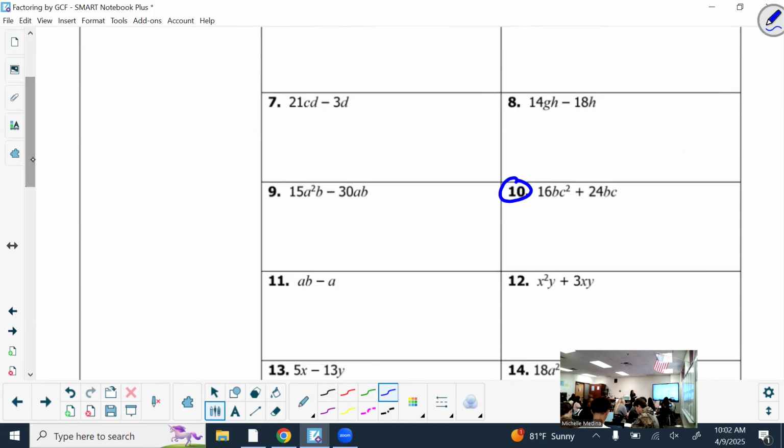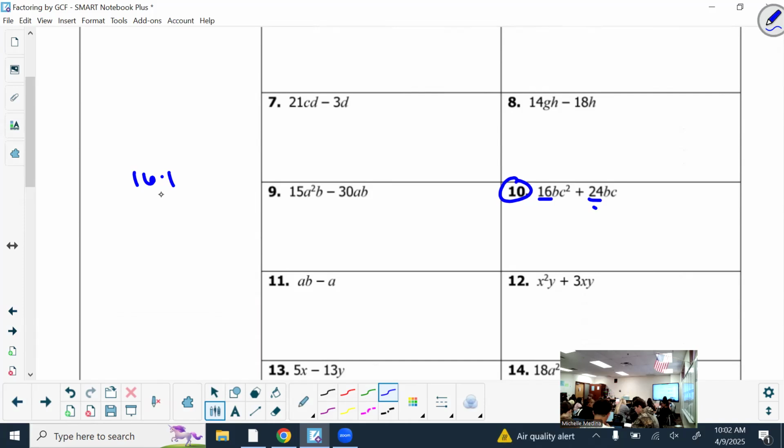All right, so we have a 16 and a 24. The GCF can never be bigger than your smallest number, so is 16 divisible into both of these numbers? No, 16 into 24 would be a decimal, so no. So then break 16 down into its factors and start with the greater ones.